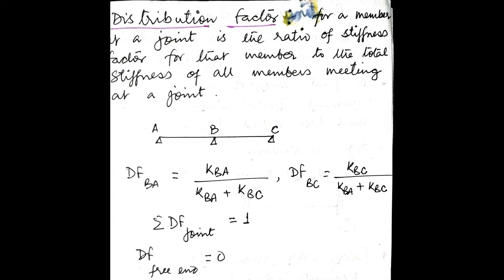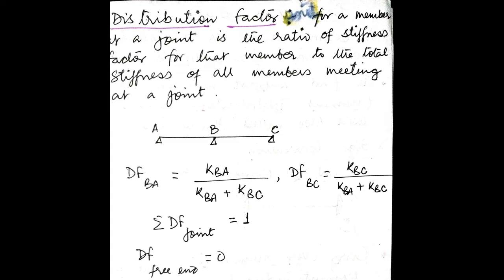Suppose we want to find out the distribution factor for BA. So distribution factor for BA is equal to the stiffness factor of BA divided by the total stiffness factor of both the members which are meeting at the joint B. So what are the members? BA and BC. So the total stiffness factor is KBA plus KBC.